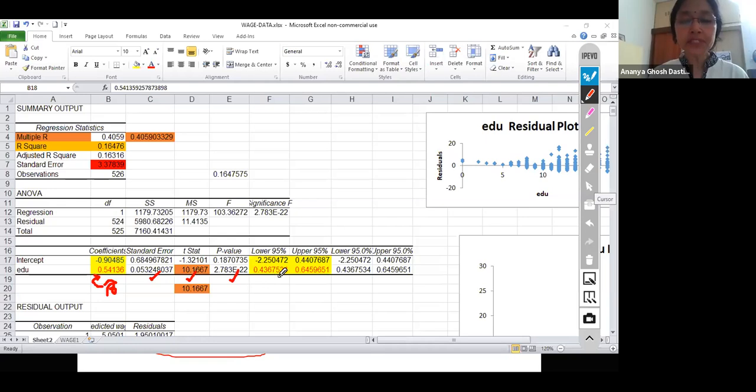Now, what about these 2 numbers that I'm just putting in brackets? So one, as you can see, is the lower 95% confidence limit, and the other is the upper 95% confidence limit. So that together, these 2 numbers, which is 0.43 and 0.64, give you what is known as a 95% confidence interval for beta, okay?